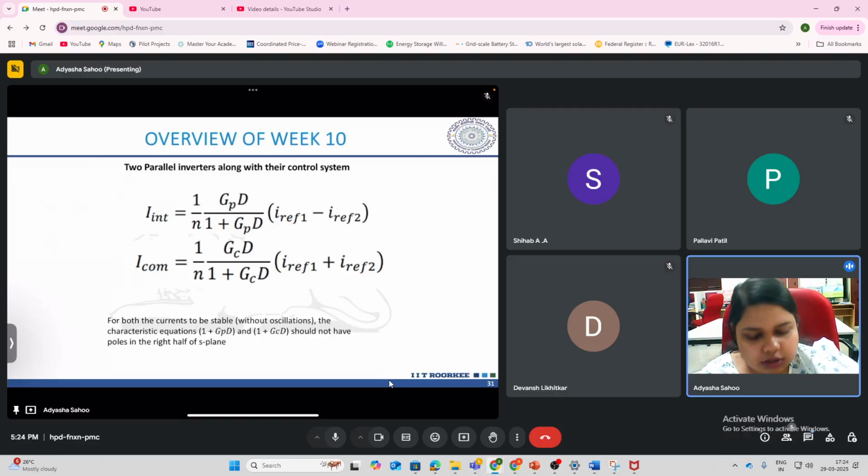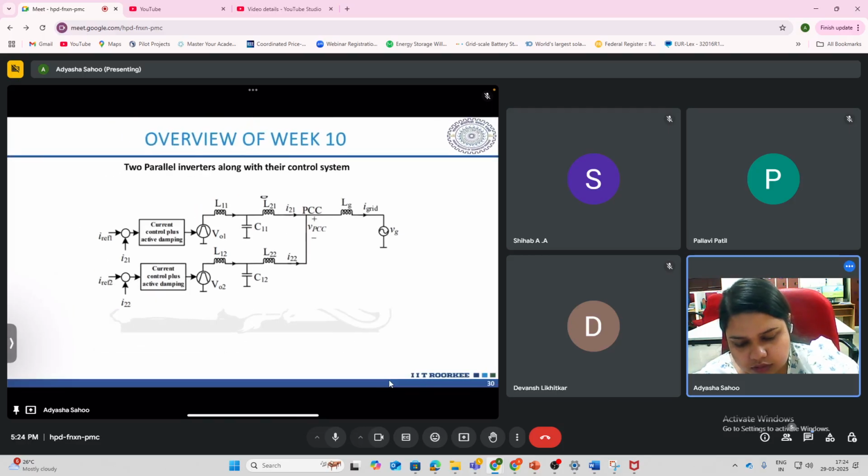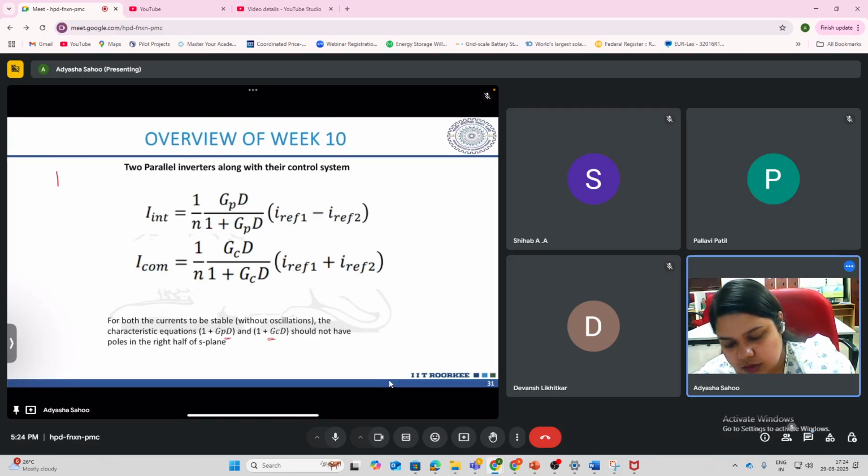Now, for getting stable currents without oscillation, we look at the characteristic equation and check whether the poles are lying on the right half of the S plane or not. This we know from the concept of control systems: if the poles have a negative real part, then it is a stable system.